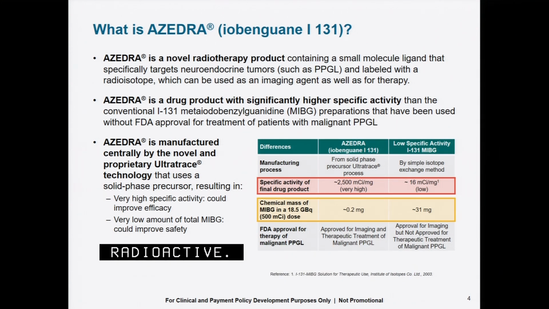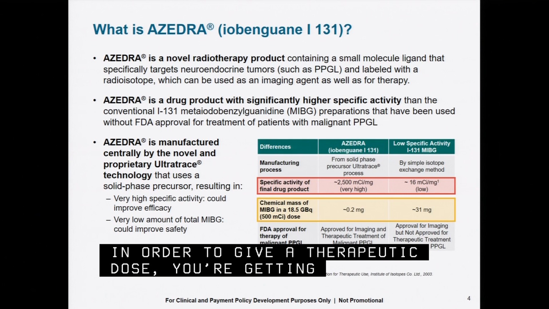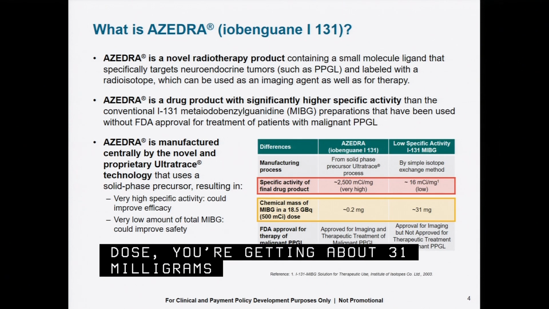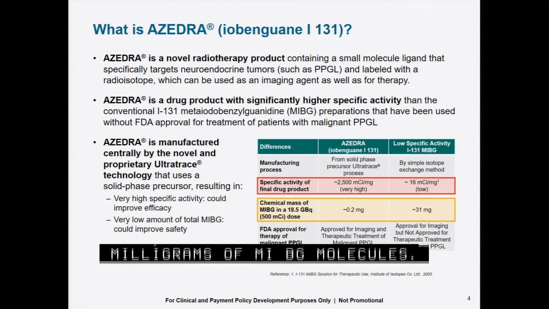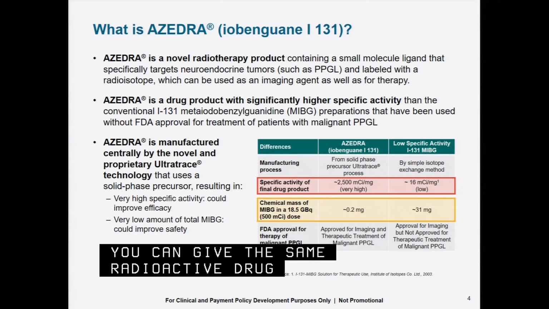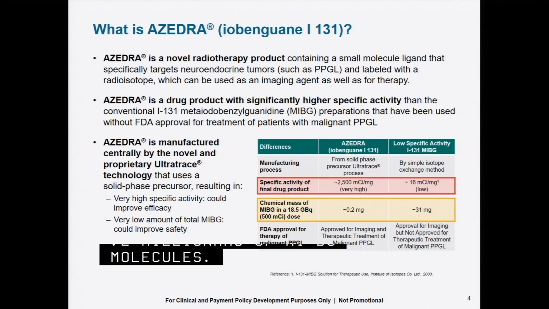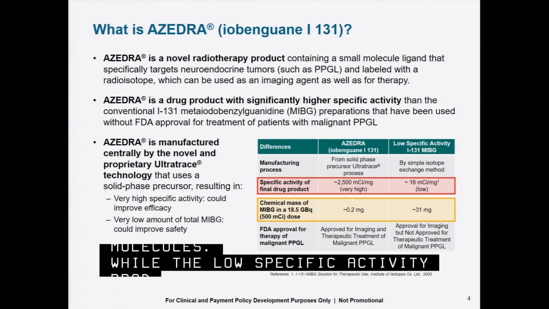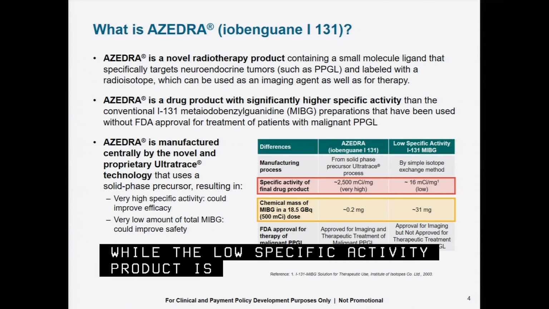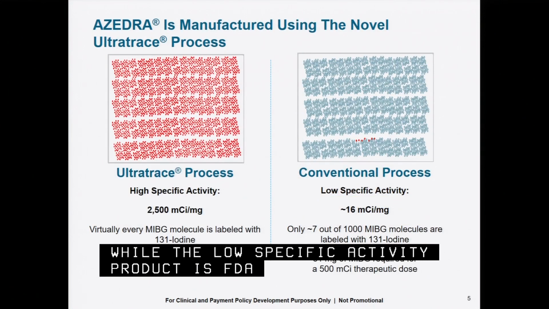So in order to give a therapeutic dose, you're giving about 31 milligrams of MIBG molecules, whereas with the high specific activity product, you can give the same radioactive drug dose with only 0.2 milligrams of MIBG molecules. And while the low specific activity product is FDA approved for imaging, it has not been FDA approved as a therapeutic, though it's been used in the past in that capacity as an unapproved drug.